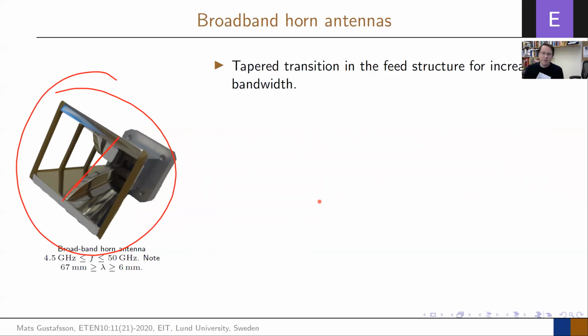So you can see it's only this inner part in one dimension. And this broadband horn here, in this case, is designed for approximately 4.5 gigahertz to 50 gigahertz. So a very, very wide frequency band. So much higher than this standard gain horn with one waveguide that just feeds it.